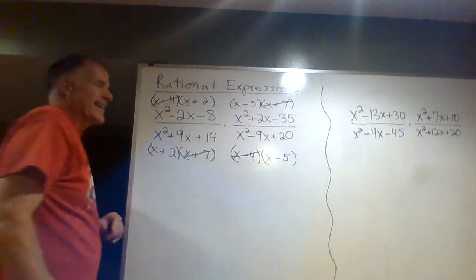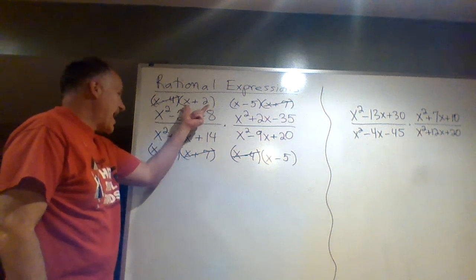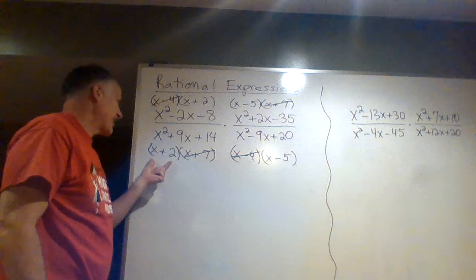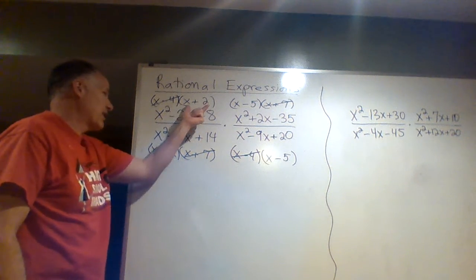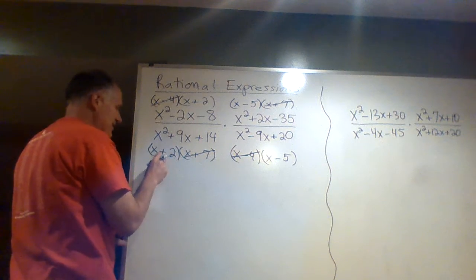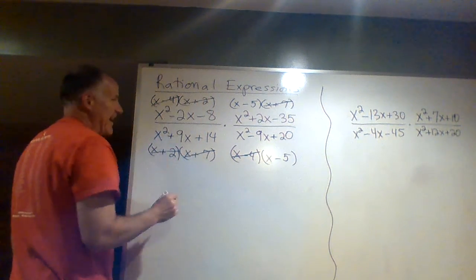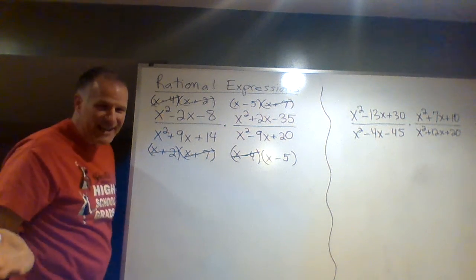Diagonally. Now, what's interesting is, remember, any top of a fraction can still cancel with any bottom. So the x plus 2 here can cancel with this x plus 2. So guess what? Boom.